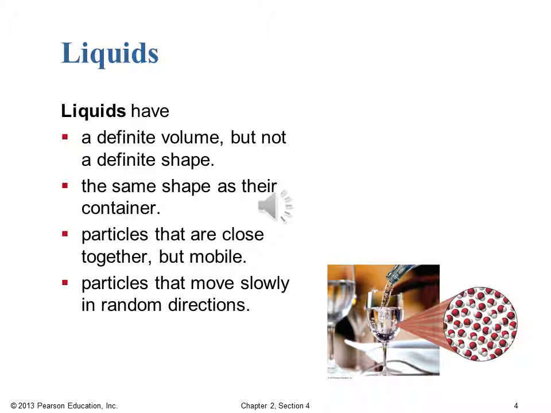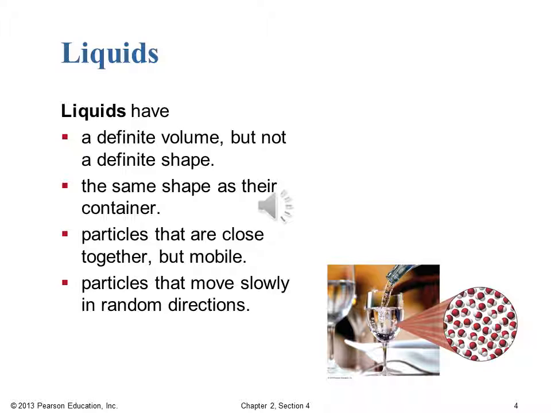It would just take the shape of the tall, skinny container. So whatever container the liquid is in, it truly does conform to that container shape, unlike the solids that we just mentioned. Even if they're really small and they seem to take the shape of the container they're in, if we had a small enough container, the solids are rigid, whereas the liquids flow.